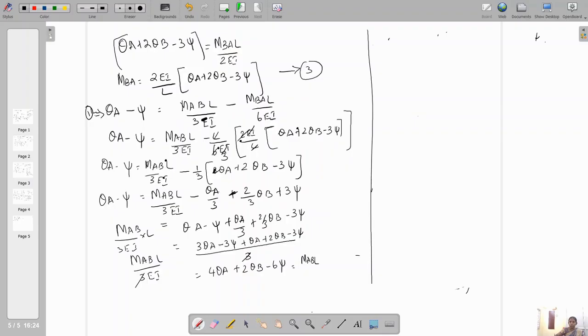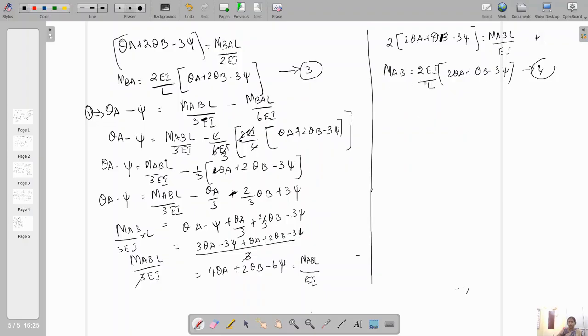Next, if you take 2 outside, 2 theta A plus theta B minus 3 psi equal to MAB into L by EI. So MAB equal to 2EI by L, 2 theta A plus theta B minus 3 psi. So this is equation number 4.